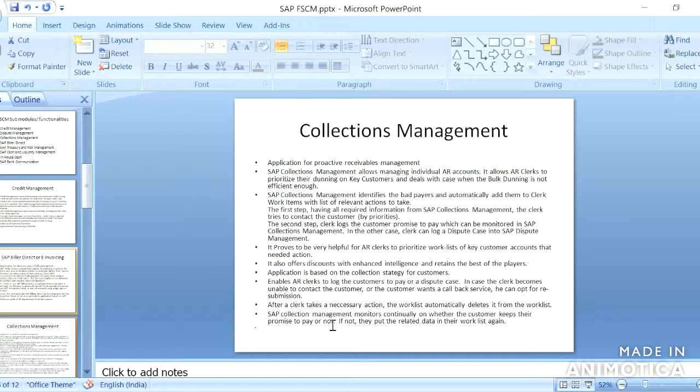So we have discussed with the customer. The customer said on this particular date I am promising to pay. So again they need to have a follow-up call. If paid, that is okay. If not, they put the related data in the work list again and they have to follow up. So this is collections management.